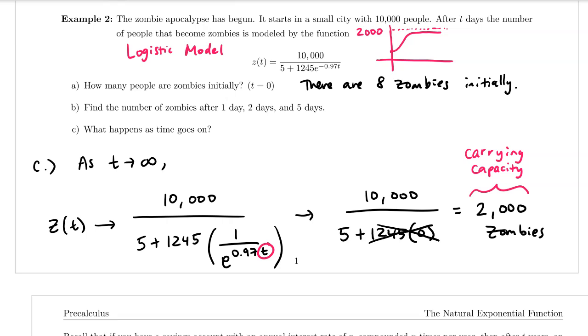So we don't necessarily want to assume that all 10,000 people are going to get infected with the zombie virus. That completes this example and part C. So what happens as time goes on? We expect 2,000 people to become zombies.